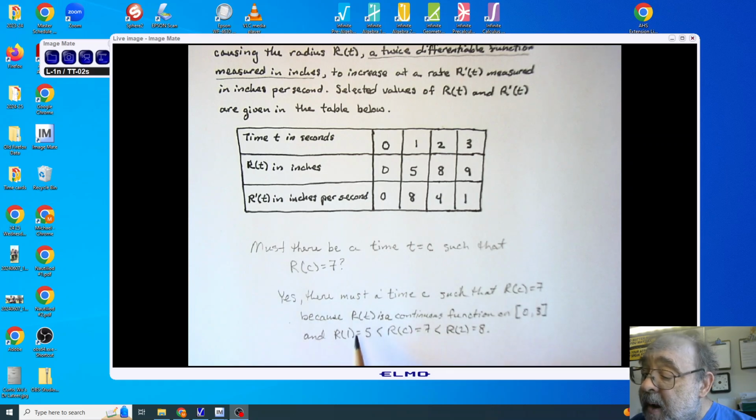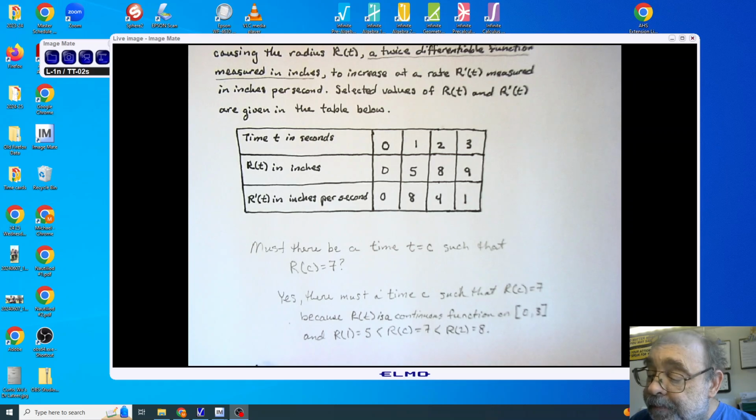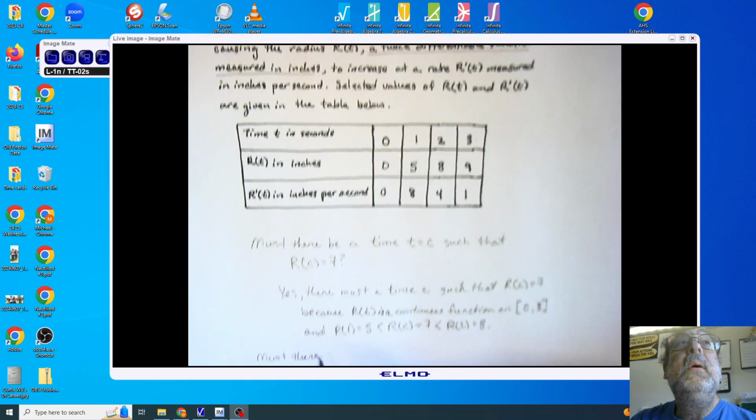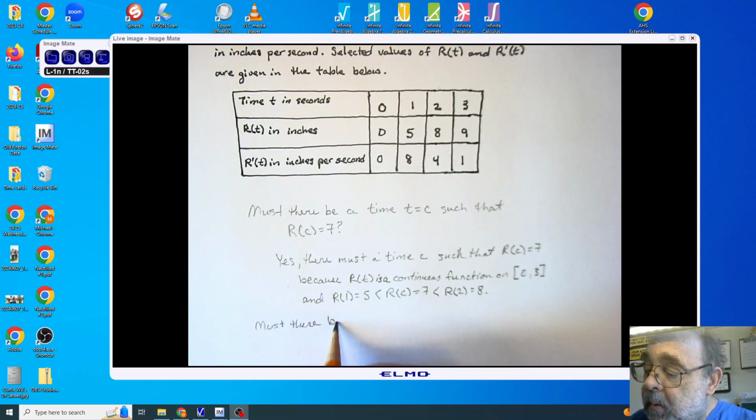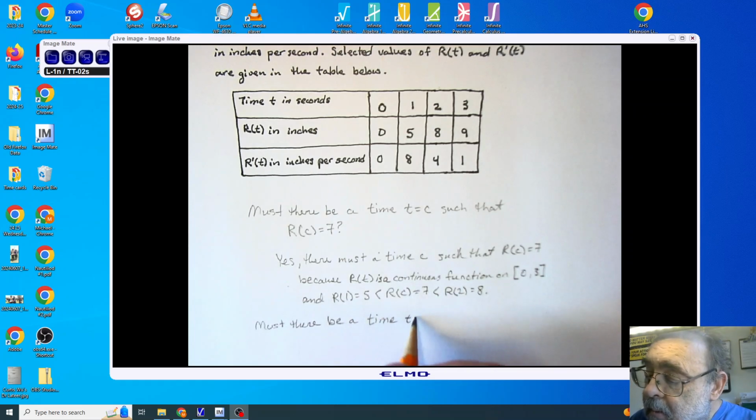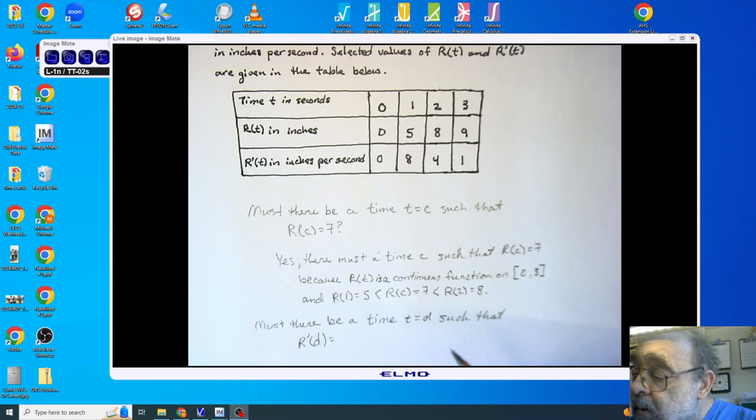Now we could also do this for the second derivative. Must there be a time c? Let's do must there be a time d such that r prime of d is equal to 5?